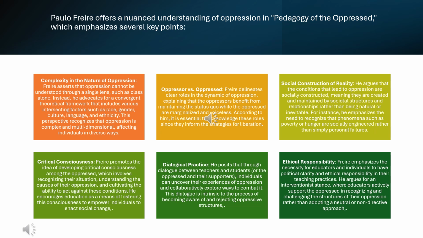I'm just looking through some of my notes as well, where Paulo Freire talks about how the oppressor doesn't want to give up their role as the oppressor. So essentially the oppressed has a different reality to the oppressor.